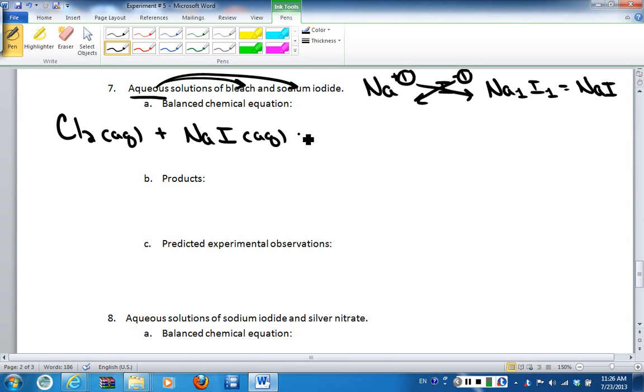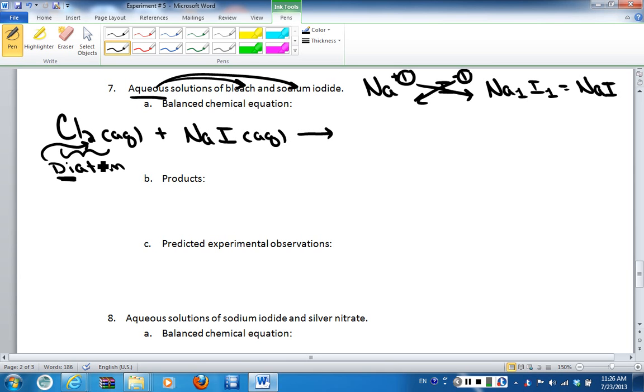Now, in order to predict the products, we have to look at this one a little bit differently. We can't treat this one like we've been treating the previous problems, because this Cl2 is what's known as a diatom. And it's called a diatom because it has a 2 here. So a diatom is actually not an ionic compound.